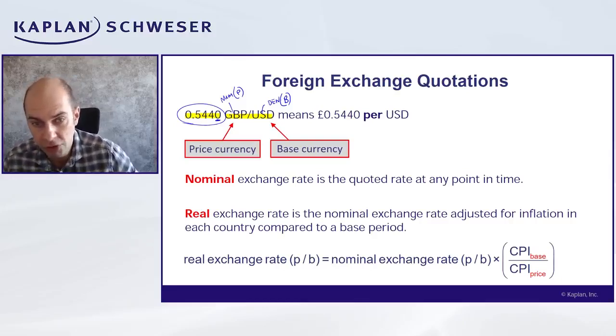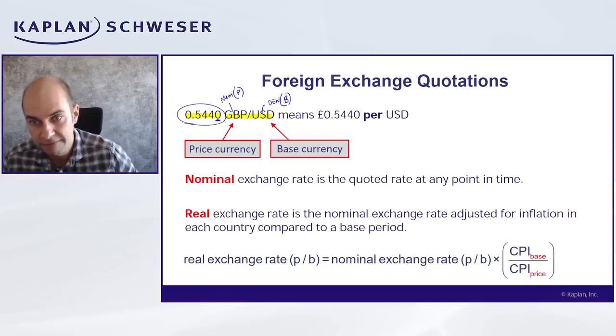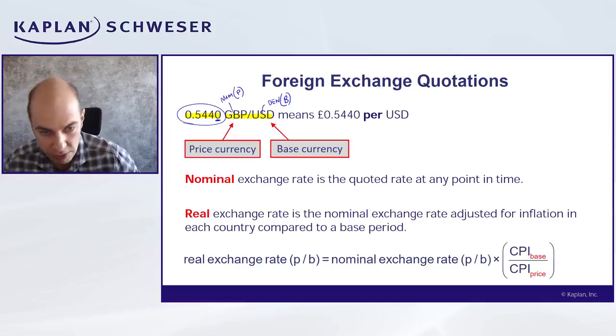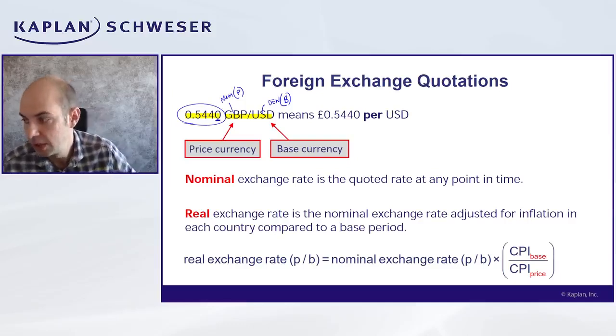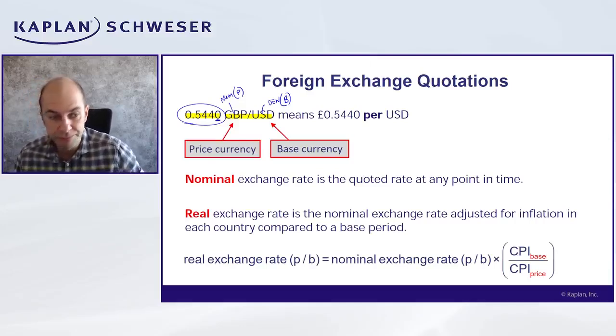So we are measuring the currency value in paper money terms, in fiat terms. Now, sometimes we may want to strip away the impact of inflation or the impact of the price index, in which case we are referring to this as a real exchange rate.